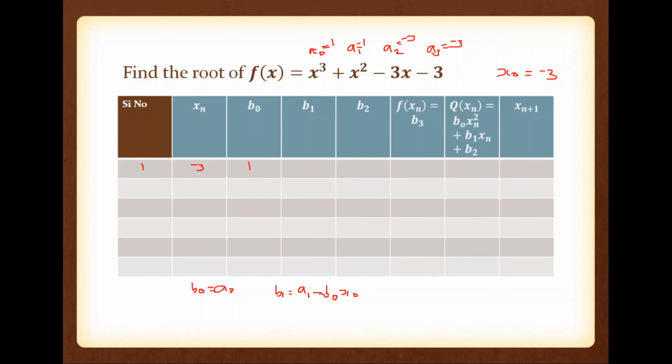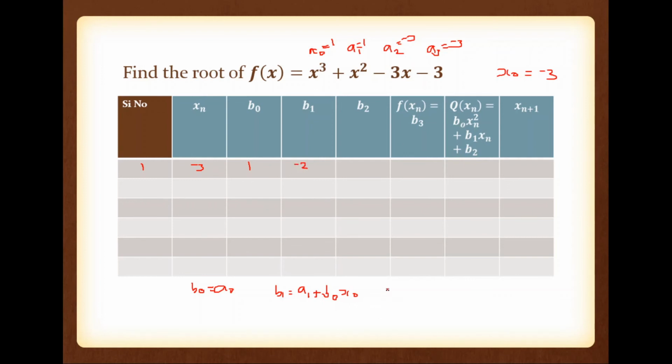So 1 minus 1 into minus 3, so 1 plus 3. Okay, sorry, I am very sorry, this is plus. So b1 is equal to a1 plus b0 into x0. So a1 is 1 plus 1 into minus 3. So this is minus 2, okay.